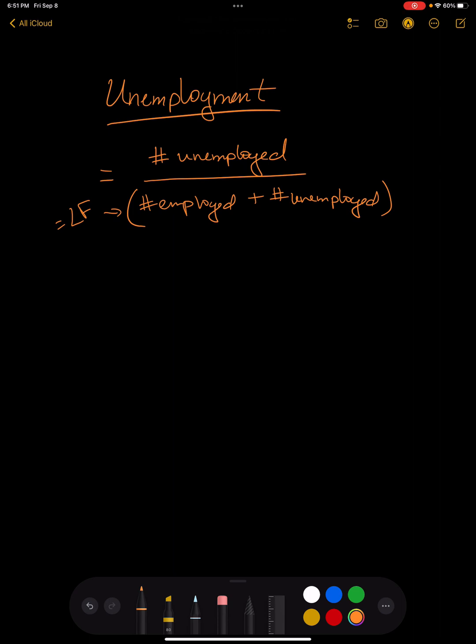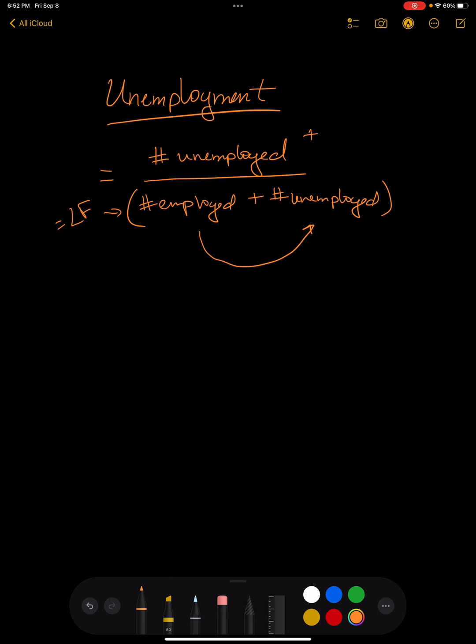following order of operations. All right, so I just want to make sure that you understand how to work with this equation or what this equation means. So suppose somebody is currently employed, but they lose their job. Then one way to think about it is that they move from the number employed to the number unemployed, and the number of unemployed on the top grows.